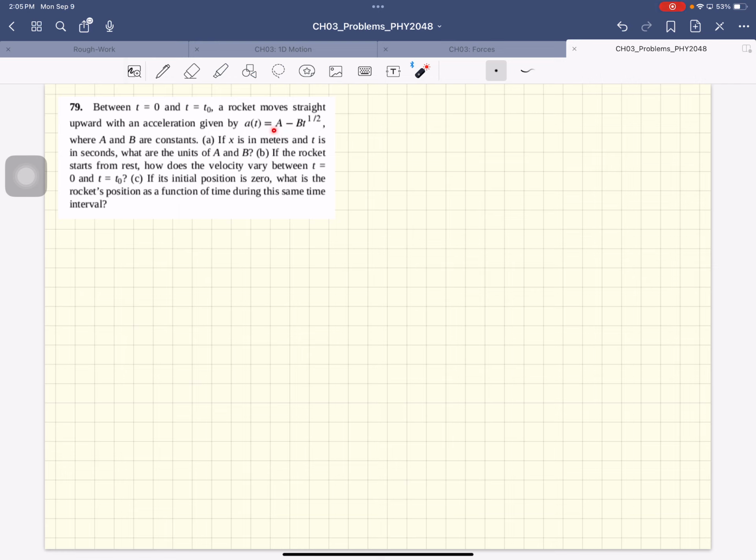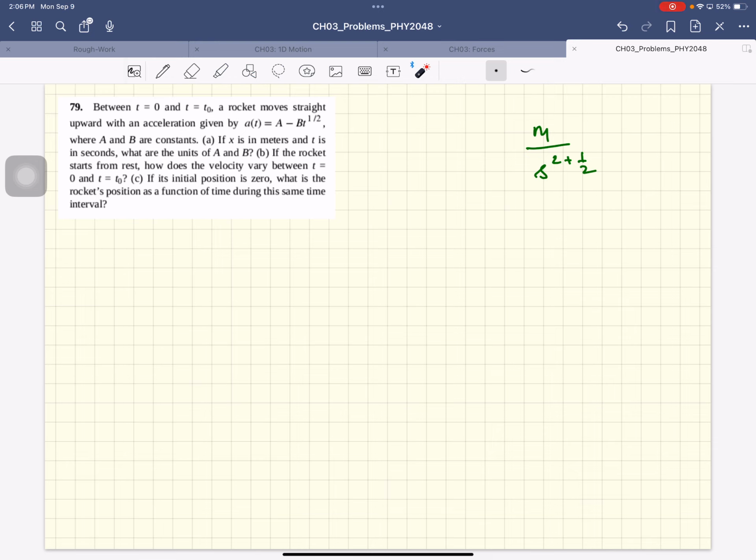By the way, acceleration has dimensions of length over time squared. SI units would be meters per second squared. So this term would be in meters per second squared. A has units of meters per second squared. B has units of meters per second squared plus 1/2, because then the t to the 1/2 will cancel that.